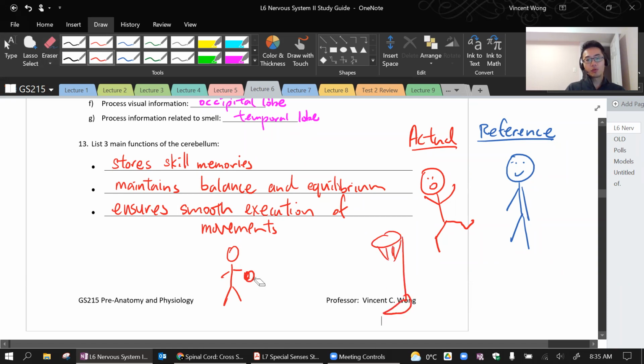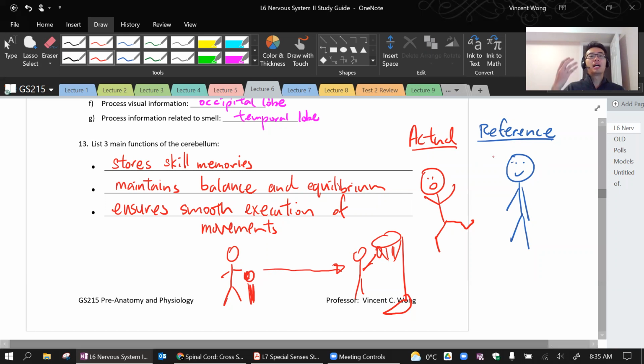If this person is going to dribble the ball and then do a layup, right? It's like trying to shoot the ball in by jumping and putting it in there. So the action of walking all the way there while dribbling the ball up and down, you are able to execute that in a seamless transition because of the cerebellum.